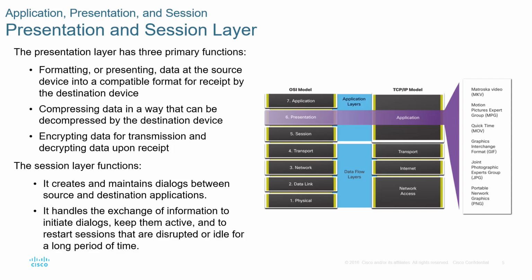Is it a .mov? Is it a .jpeg? Is it a .mpg or .mpeg? That's what the presentation layer is going to be dealing with. It also deals with compressing data as well as encrypting data for transmission. It also will handle the decrypting of data upon receiving it.